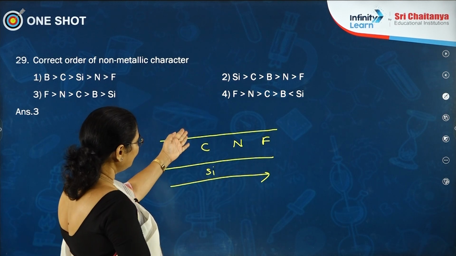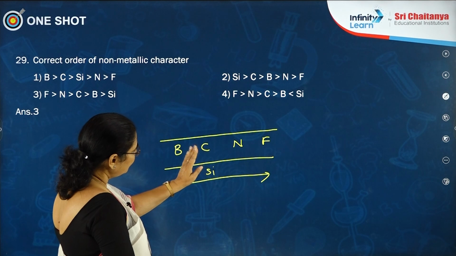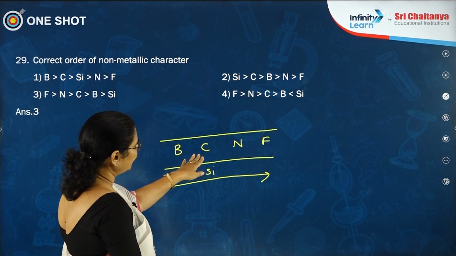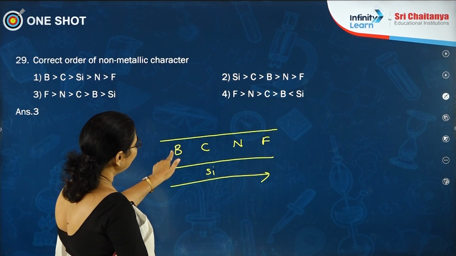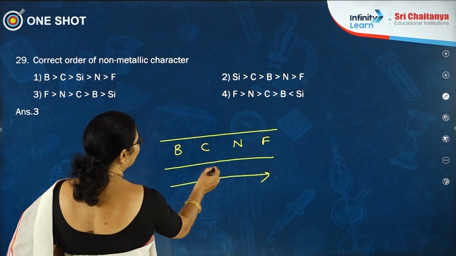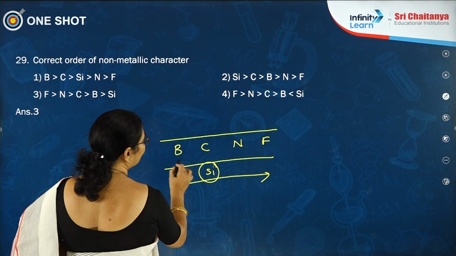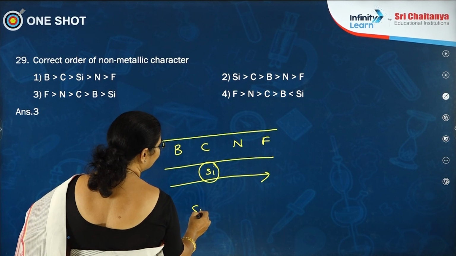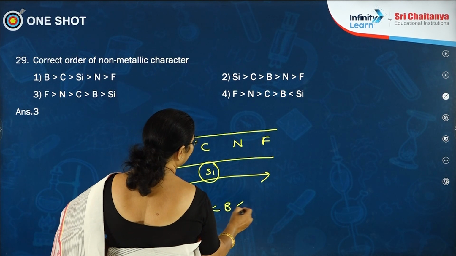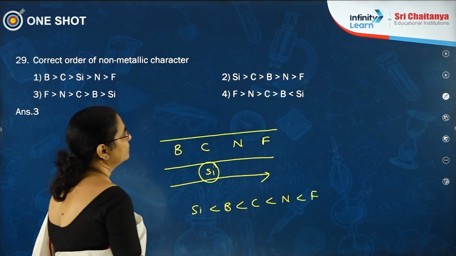As we move down, non-metallic nature decreases, so silicon comes before carbon. But the doubt is, should it come before or after boron? Third period elements are less non-metallic than second period elements. So the answer is silicon less than boron, carbon, nitrogen, fluorine. This is the correct order.